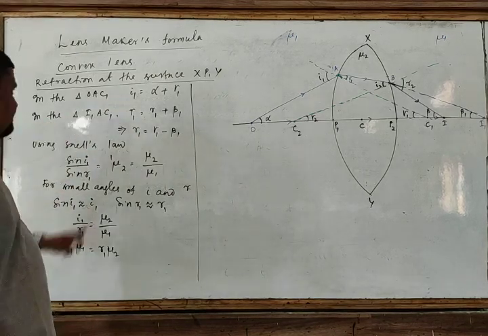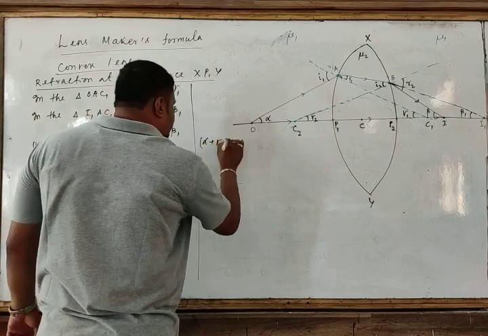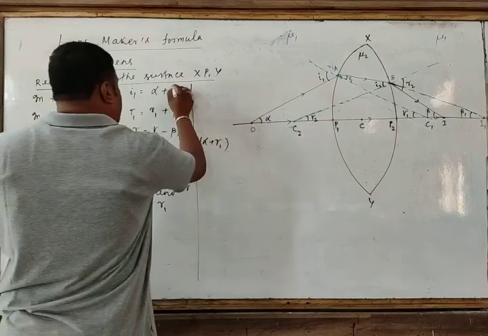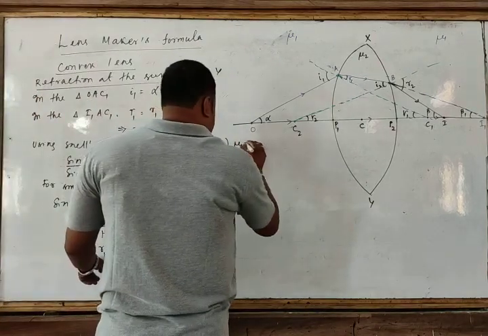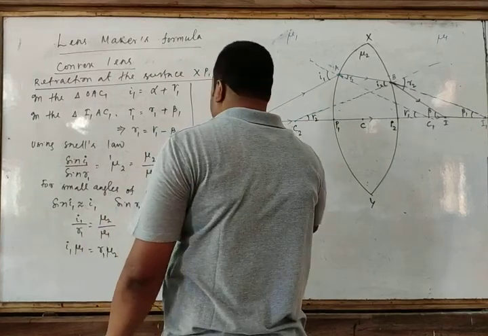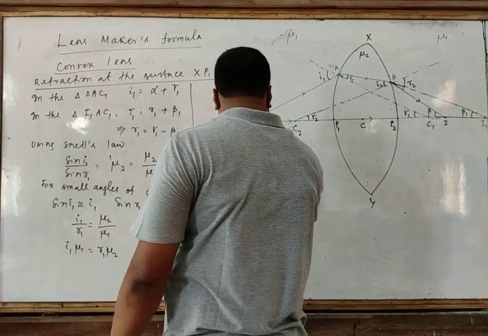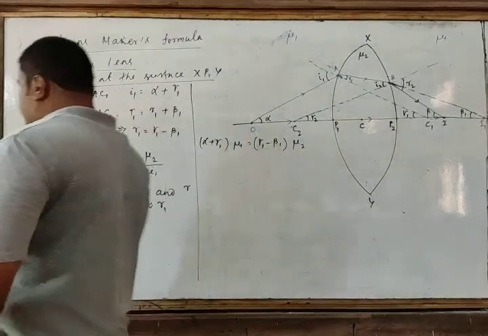So i1 means alpha plus gamma 1, into mu1, is equal to r1, gamma 1 minus beta 1, into mu2. Clear?